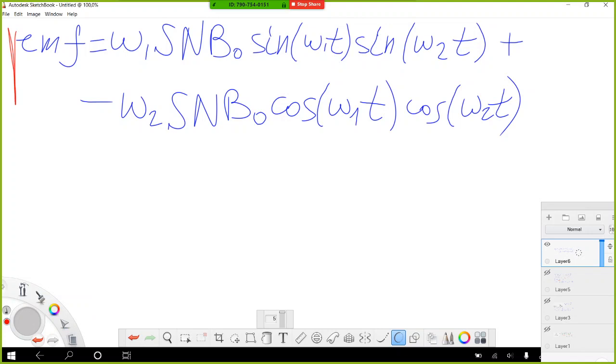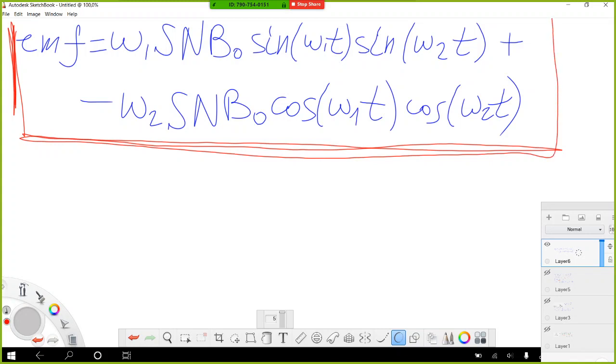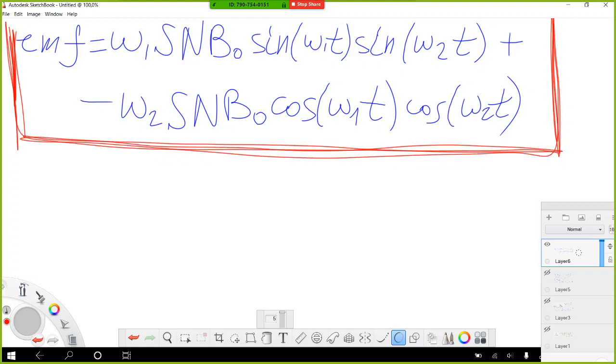Okay, this is the general expression for electromotive force when you have a rotating closed loop inside a time varying magnetic field. Your loop is rotating with angular velocity omega 1, and the magnetic flux density is changing with the frequency omega 2.